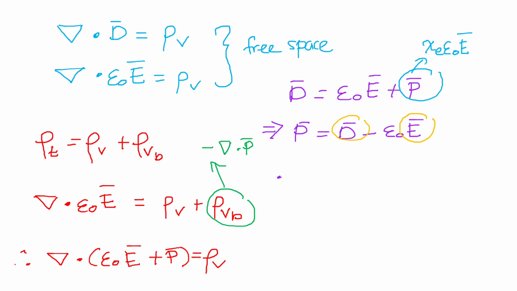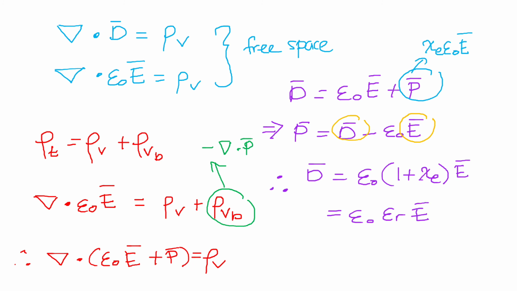Now I want to give you a final equation where D can be written as D equals epsilon naught epsilon R times E. We introduce a new constant here, epsilon R. This is known as the dielectric constant or relative permittivity.